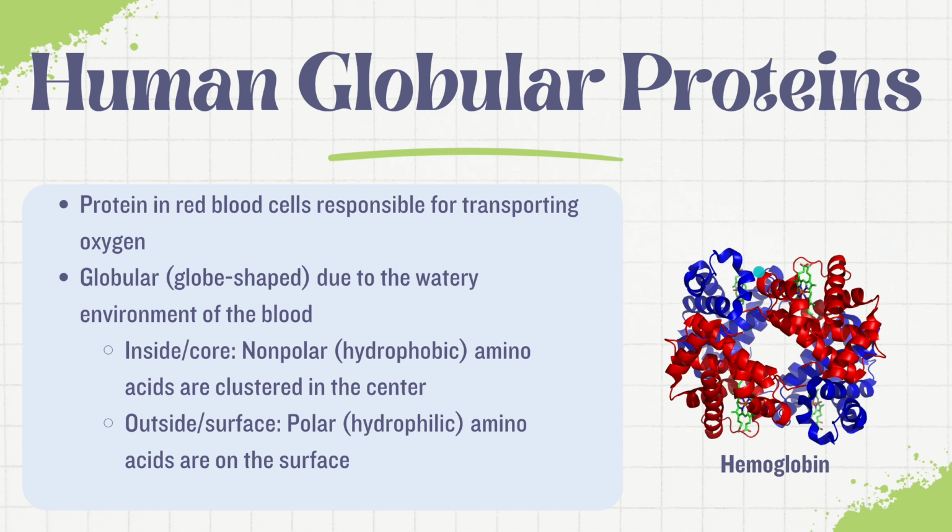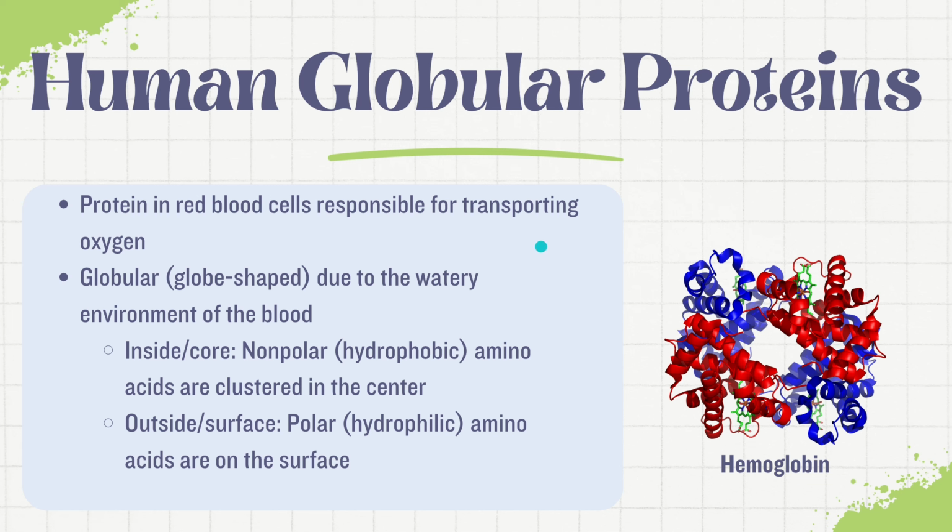All right, globular proteins. So globular means globe-shaped, and this is important for what it does in the body. So hemoglobin, for example, is found in blood, and it's responsible for transporting oxygen. And it is globular in shape because of its environment.